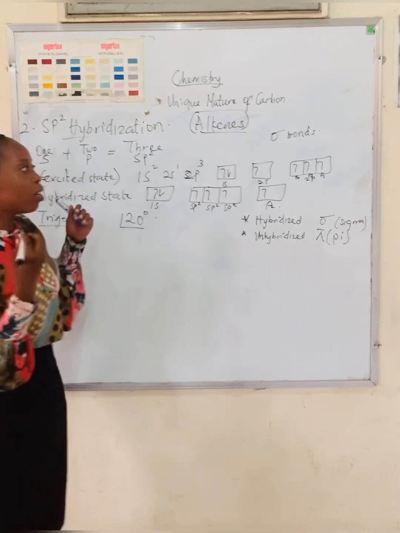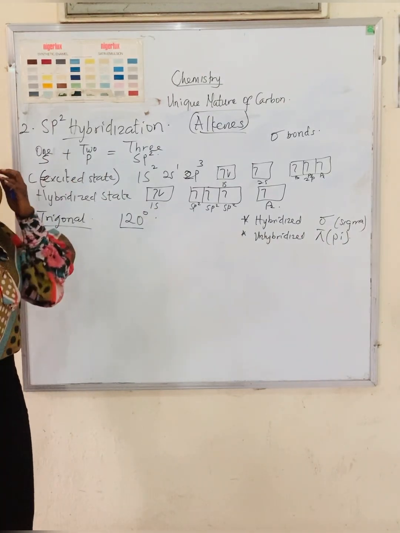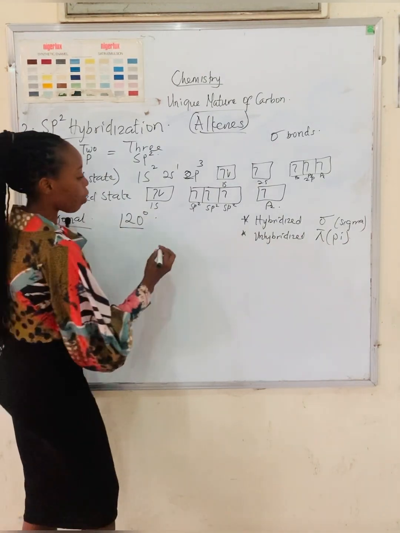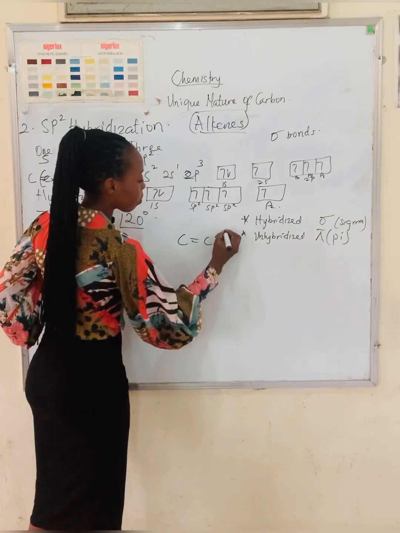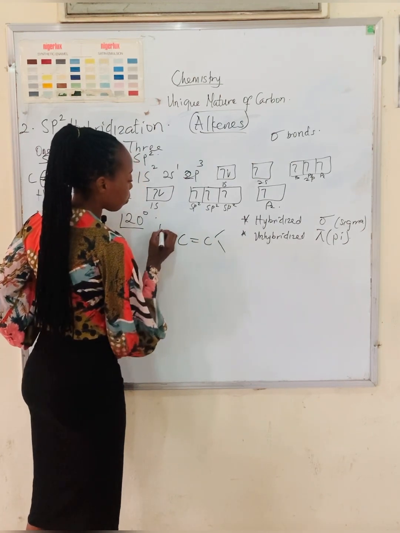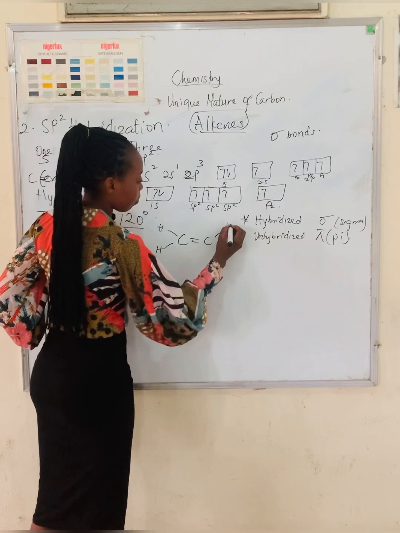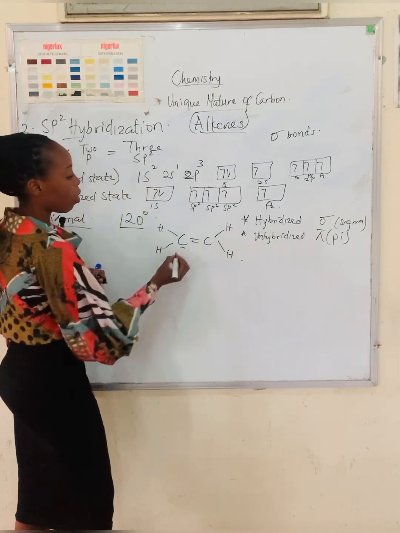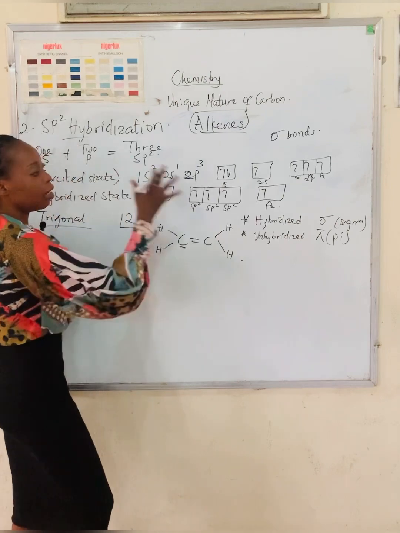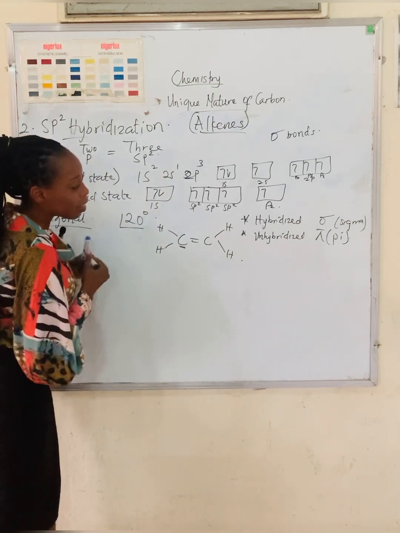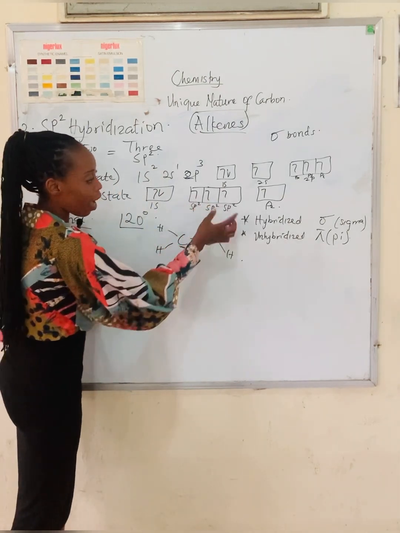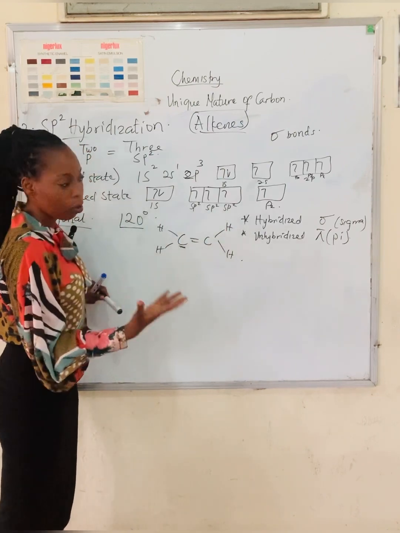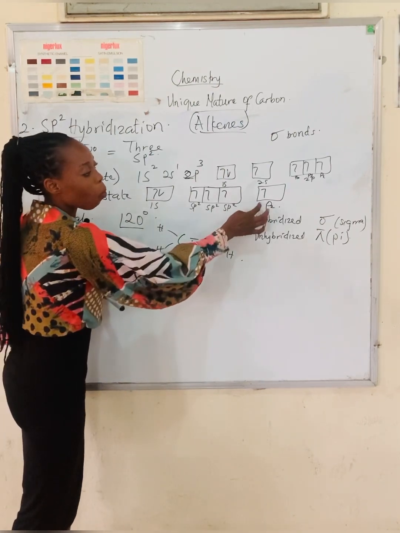So in normal alkenes, let me use ethene as an example. We have something like this. For this particular carbon atom, it has 3 sigma bonds: 1, 2, 3. I told you that hybridized orbitals form sigma bonds. So it has 3 sigma bonds and 1 pi bond.